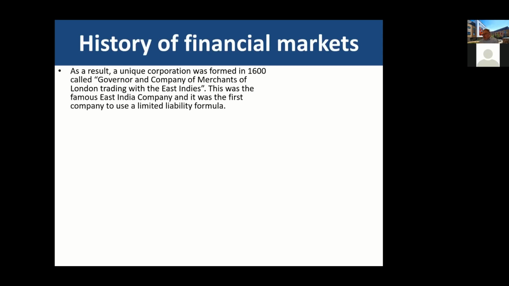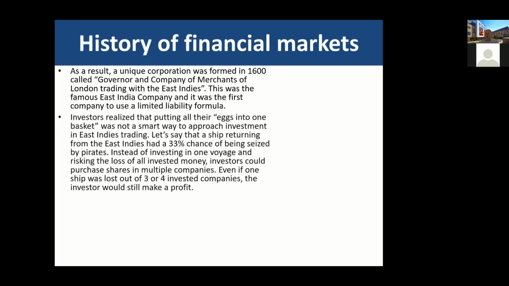So the limited liability formula, and the fact that these companies were publicly traded, meant that as an investor, you didn't have to put all your eggs in one basket. Let's say there was a third of a chance that a shipment would be seized by pirates.